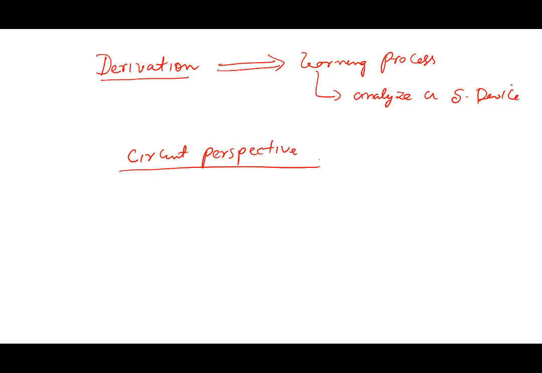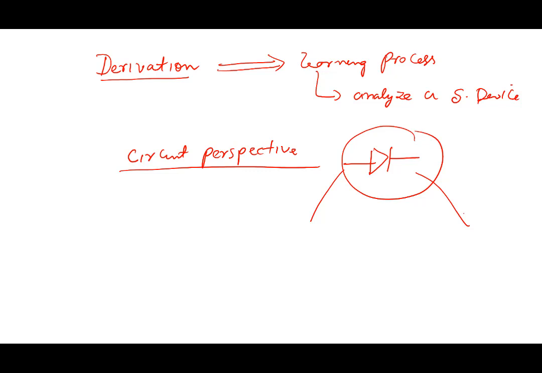For that, you don't need any derivation. All you need is a statement: this is what my diode is, this is its model, these are the range of validity, and these are its limitations. What you need to know is the diode from an external point of view, basically from an IV characteristics kind of view. That's from a circuit perspective.